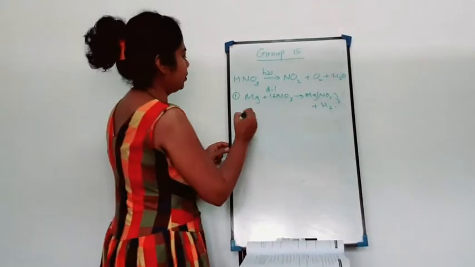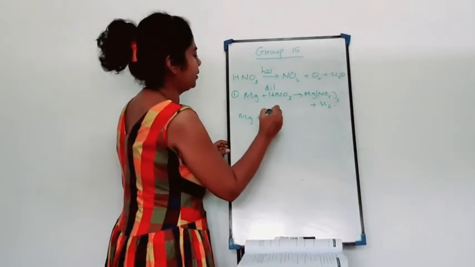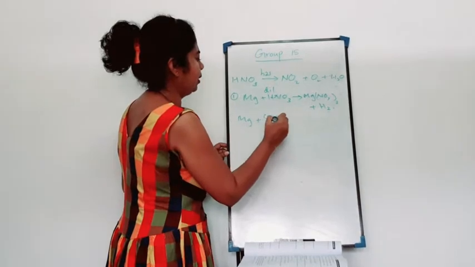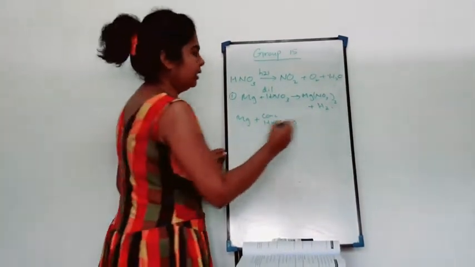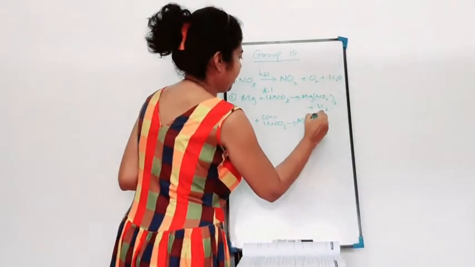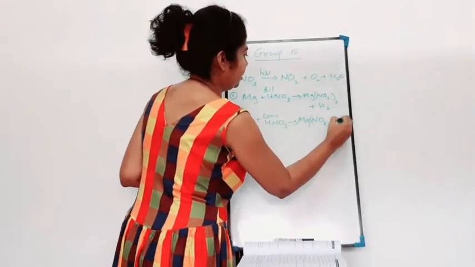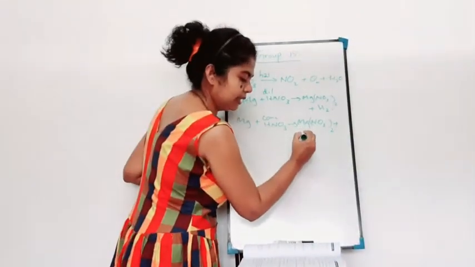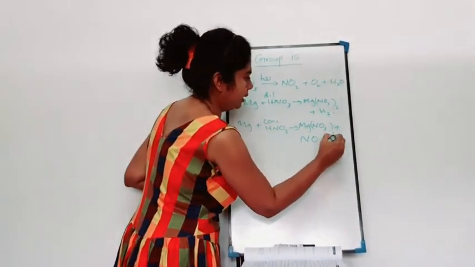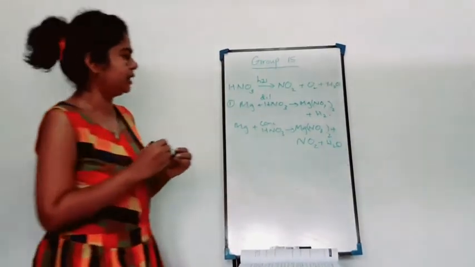If we use magnesium with concentrated HNO3, the products are different. The magnesium nitrate is the same product, but the next product changes: it is nitrogen dioxide and water. It is special.